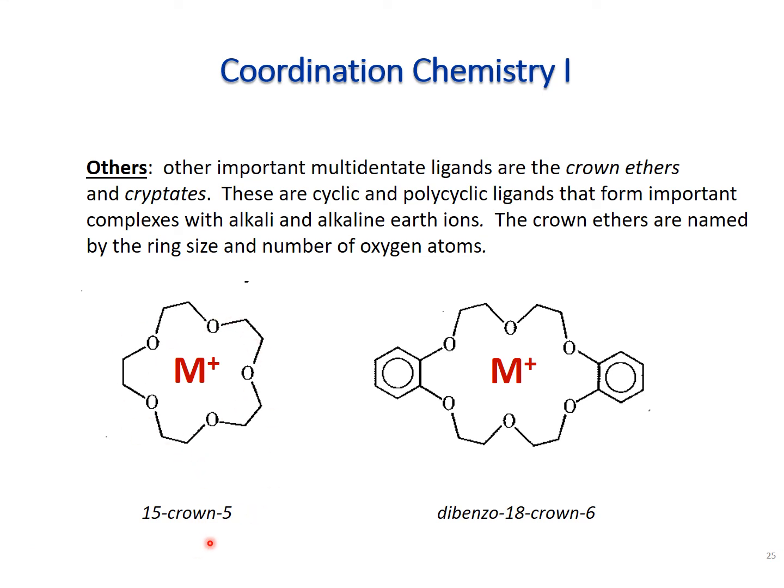You can also have 18-crown-6, which is a slightly larger one, and one that can have dibenzo on it, for example. So these are other examples of these cyclic multidentate ligands, where you still have the lone pairs on these oxygens that are contributing to the metal center, and that's where you're forming this sort of coordination.